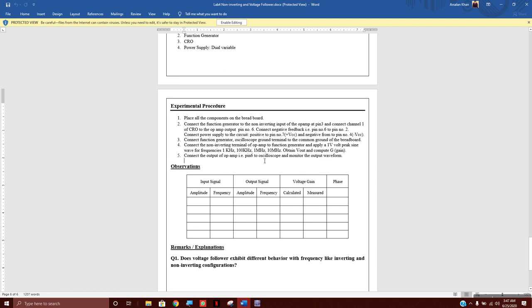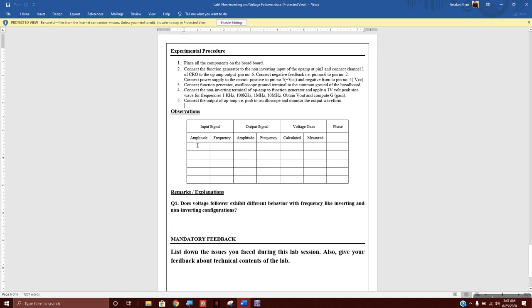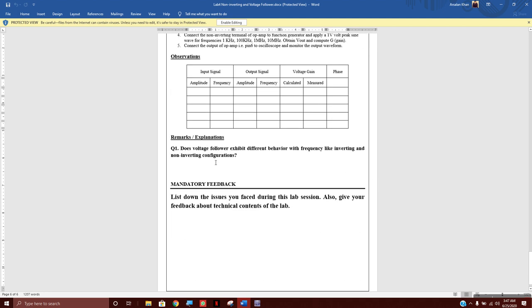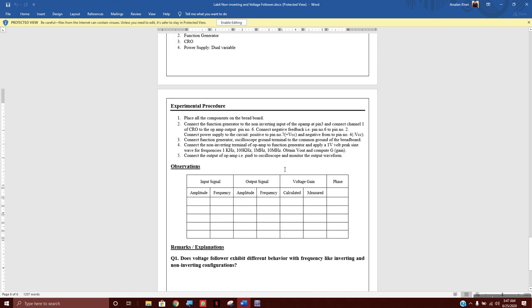Change your frequencies, change your voltage, change your input, and then see कि आपके पास output क्या आता है. So again, fill these observations, fill this table, and answer this question. Okay, do some research and work hard.